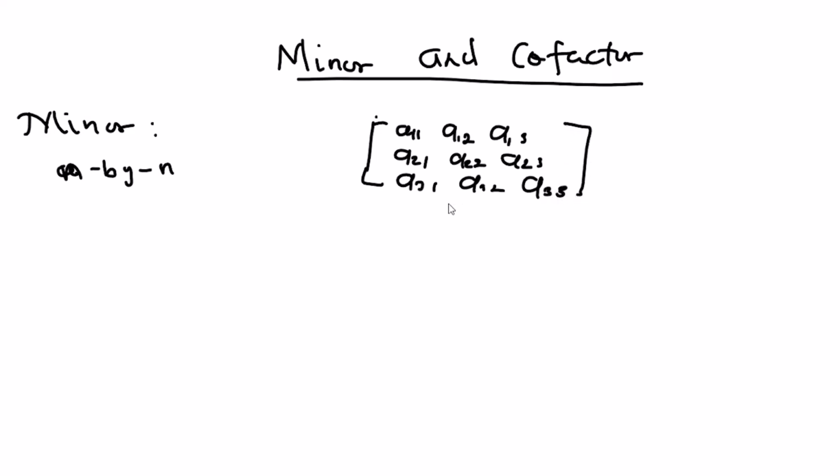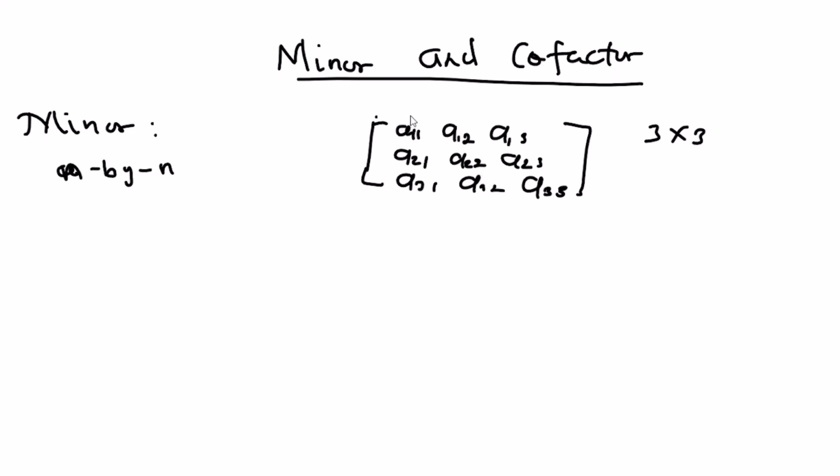What we are saying is that the value that will be computed from the determinant of a square matrix, this is a 3 by 3 matrix. Yes, and it's a square matrix. It's obtained after crossing out a row and column corresponding to the element that is under consideration.